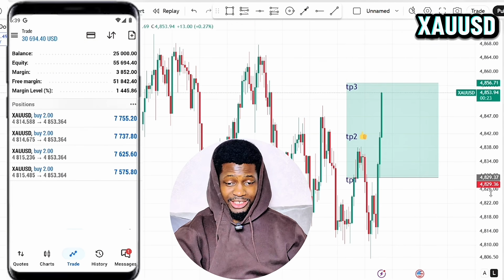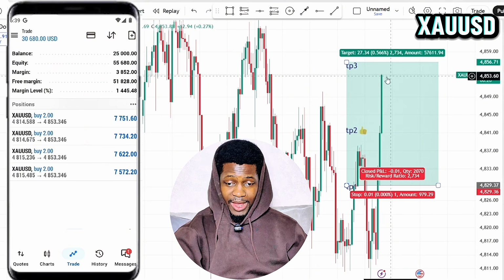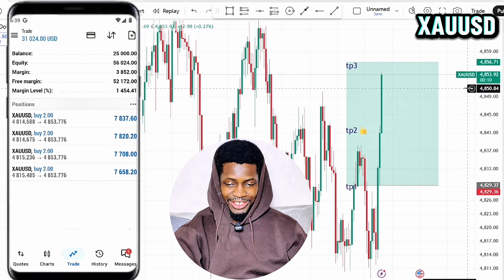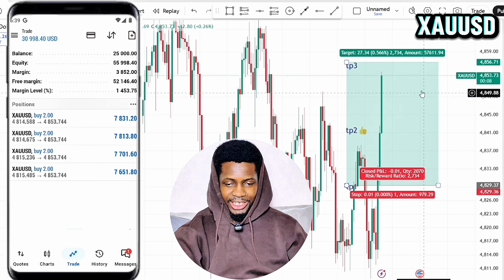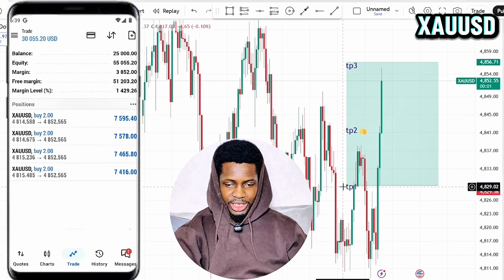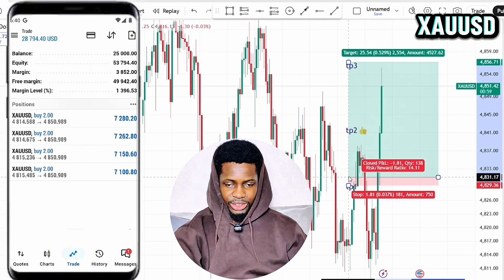I don't see any need, but let's just lock it in just in case. It's literally almost hitting. Okay, that was rejection. Let's just lock it in just in case.